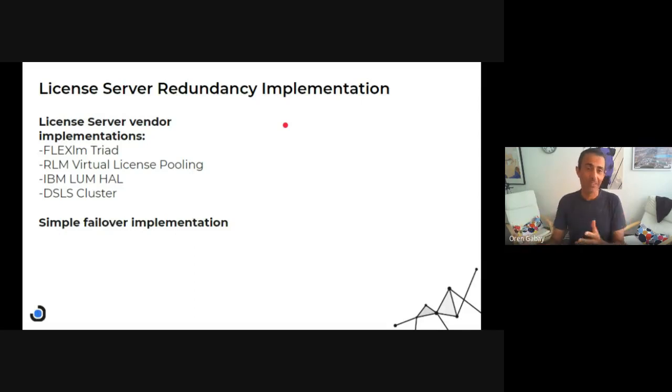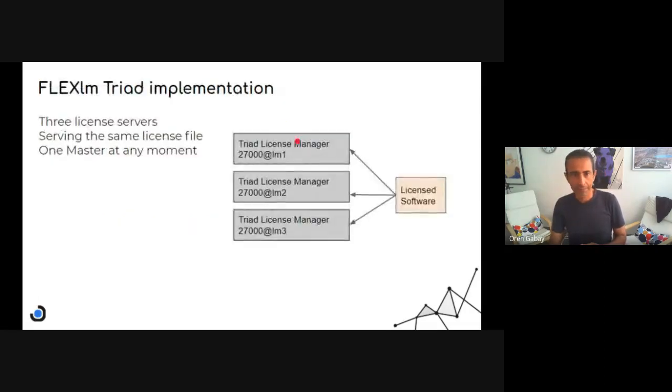DSLS, which is modern and based on IBM LUM, and they have DSLS cluster, and so on. The other method is a homemade failover implementation, as done by many users of FlexLM, and I will explain that.